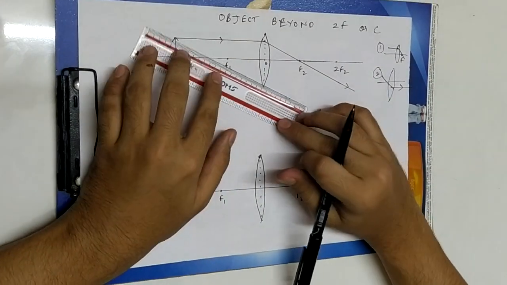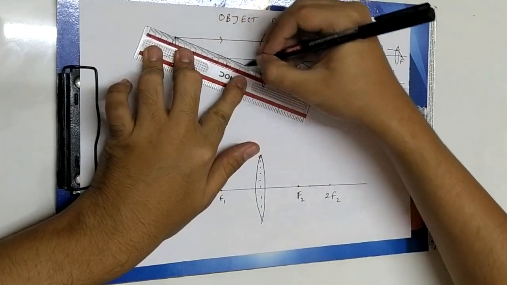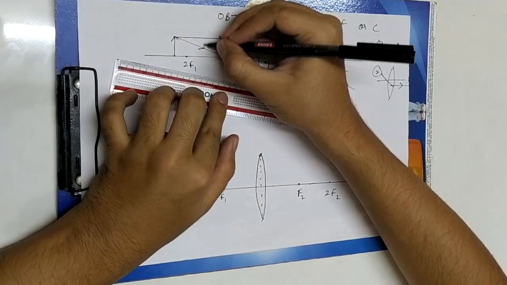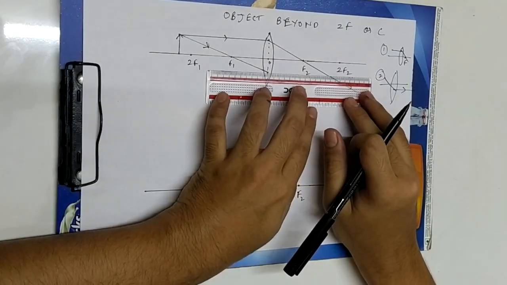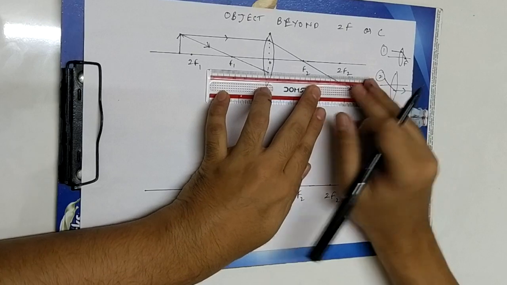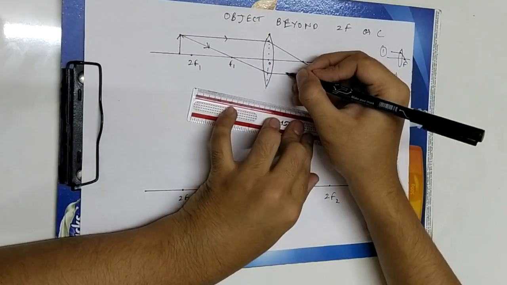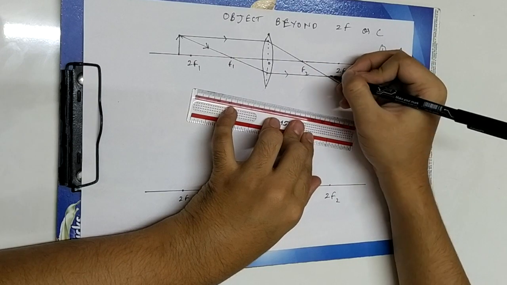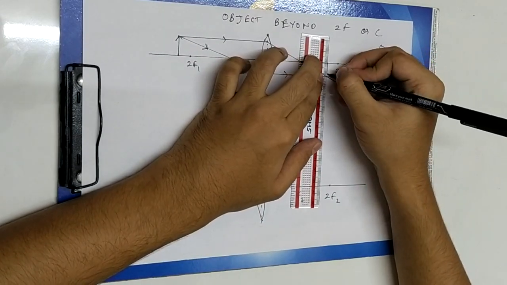So passing through the focus, we will draw one ray. This is the second ray. After refraction, it will become parallel to the principal axis. It meets here, which means the image will be found here.